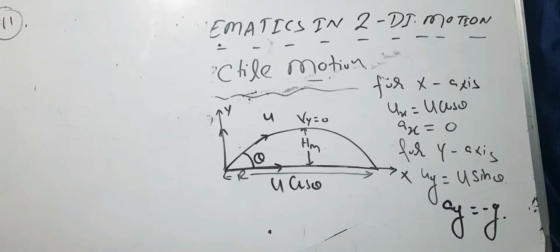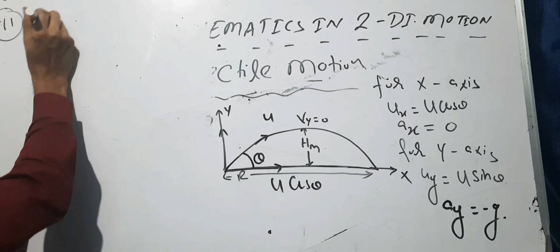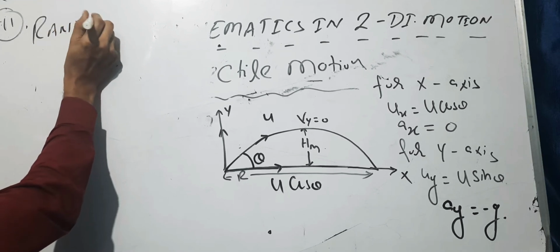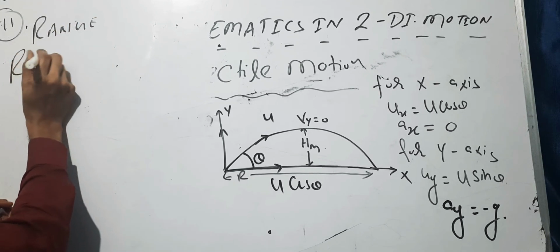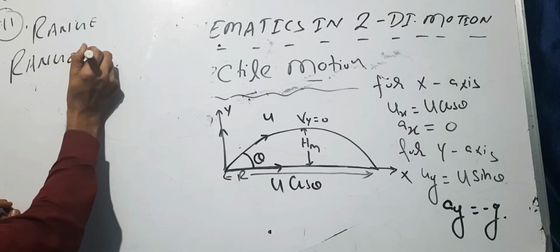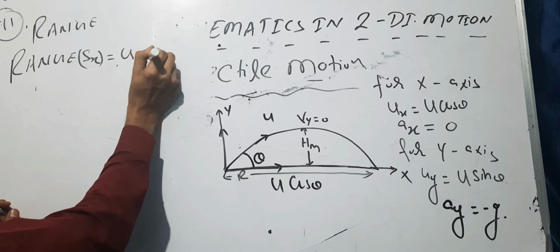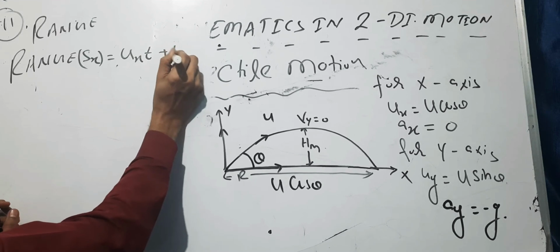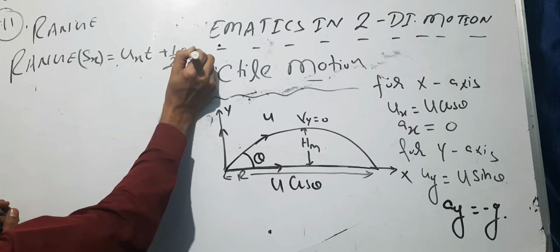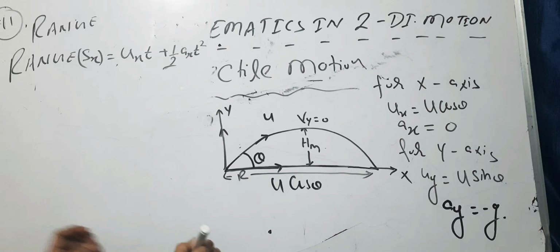So what is the range? Range is Sx, and this is ux t plus half ax t square.